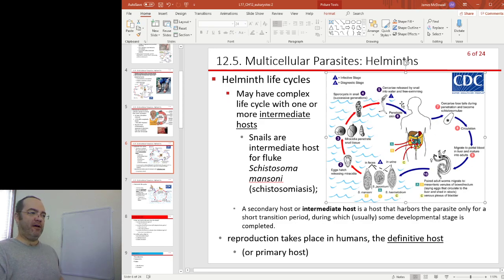And then we have the completion of the life cycle in the human, the production of eggs in the waste, the reinfection of the snail. So we have this complete life cycle.